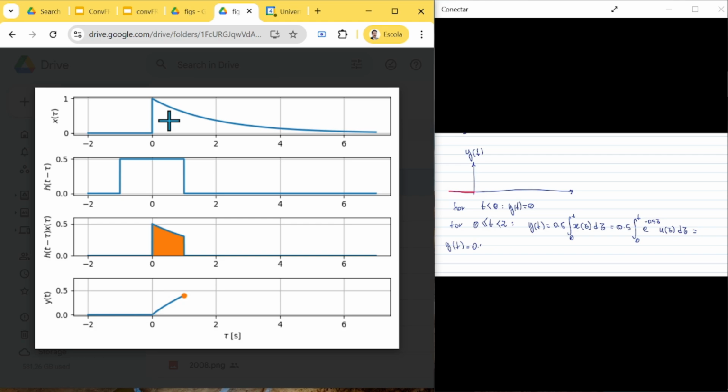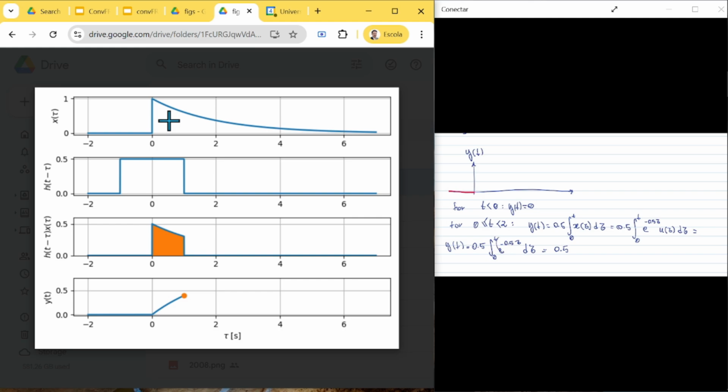So 0.5, we can neglect this guy because the integral is starting at 0, so 0 to t e to the minus 0.5 tau d tau, 0.5.